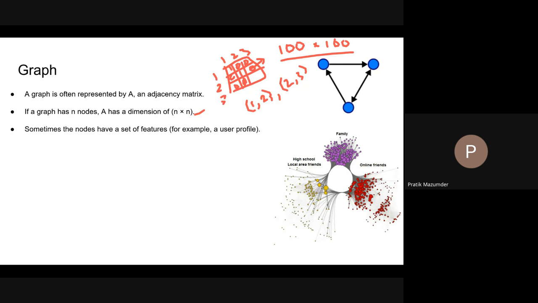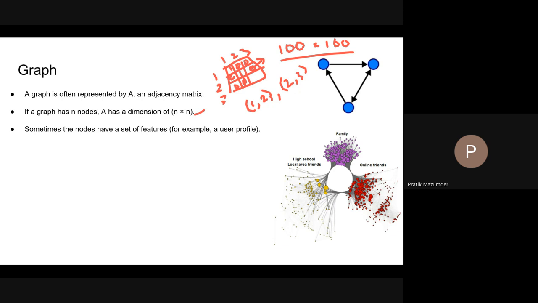In many cases, when you look at any sort of graph, we call these nodes with some names, as A, B, C, D, or say node 1, node 2, or vertex 1, vertex 2. We generally have not looked into each of these nodes as having its own set of features yet.